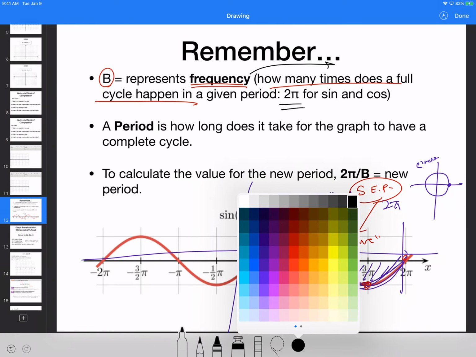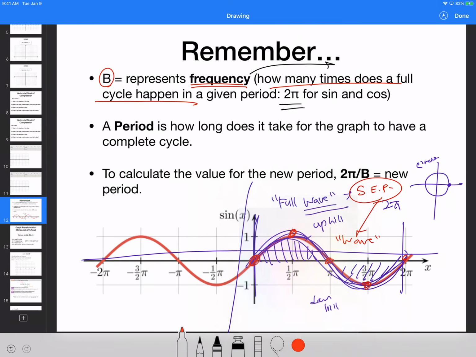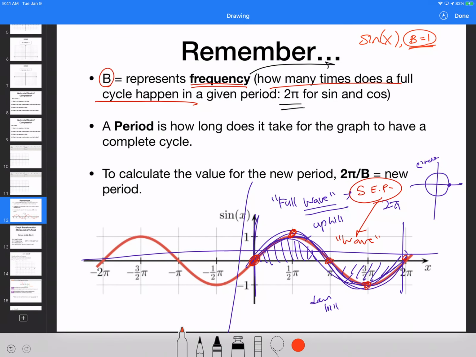So for example, if I gave you sine of x, because the b value is 1, it means that there is one full wave every 2 pi cycle. If there is sine of 2x, it means that the b value is 2. Okay, what that means is the full cycle happens twice per 2 pi frame.